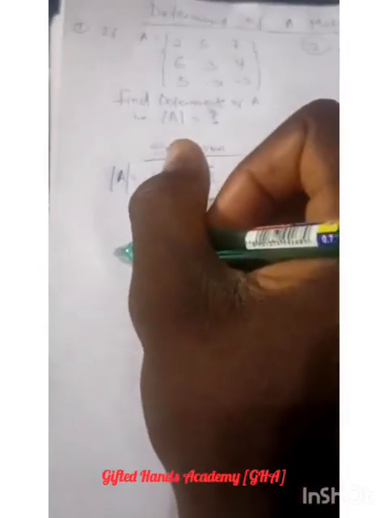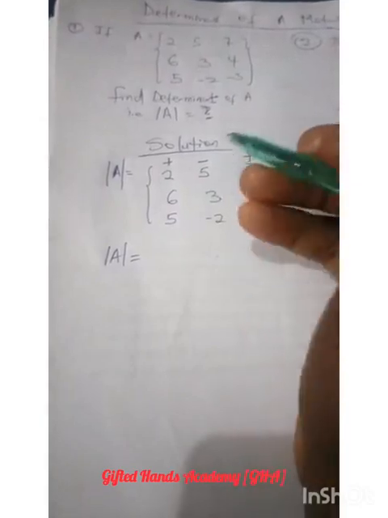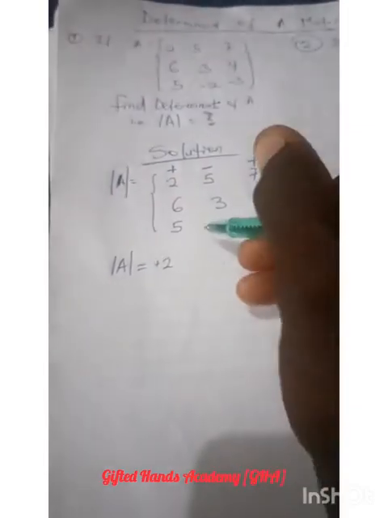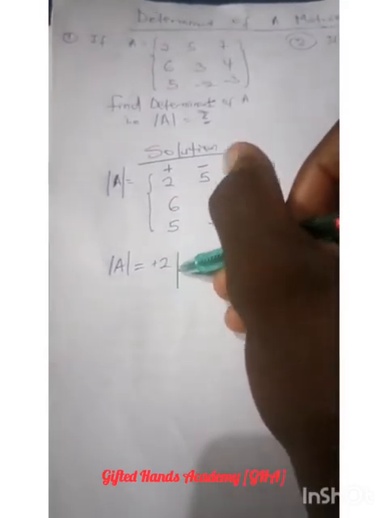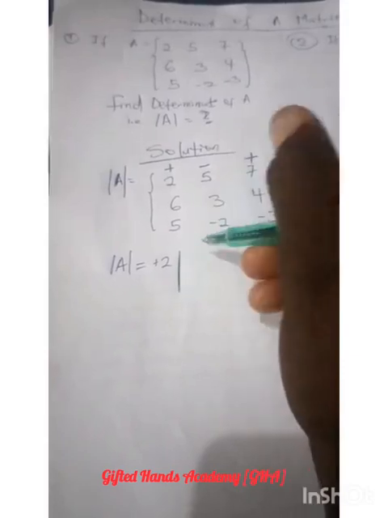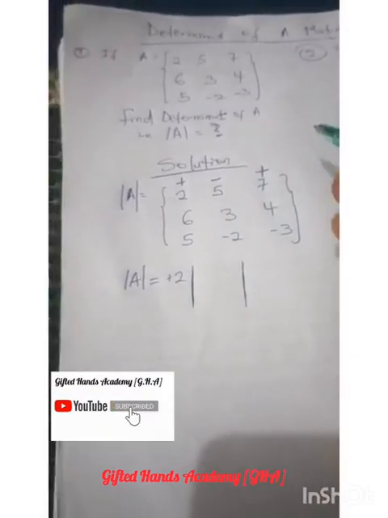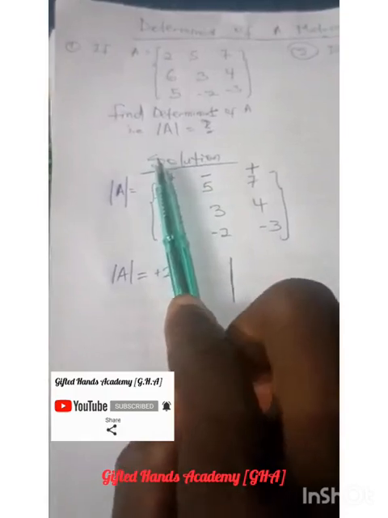So my matrix A now is equal to this first number on this first row and first column. I will bring it out, but the sign there is plus, so that's plus 2, or you can still write 2, it's still the same thing. So immediately I write 2 like that, I will write this sign, which is the determinant sign. Are we getting it? So I'll close this, all the numbers under 2.